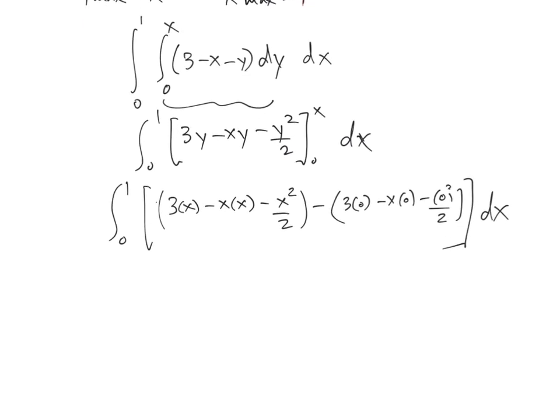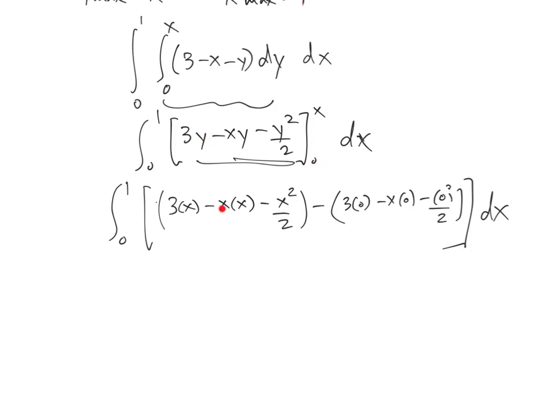I'm doing the inner integral, integrating with respect to y, so you treat the x's as constant. Then I substitute in the limits. Take this, substitute x for all of the y's, and subtract from that the same expression with 0 substituted for all of the y's.